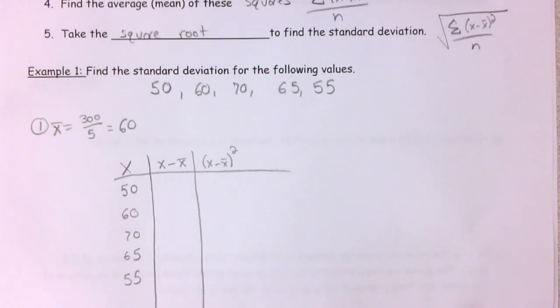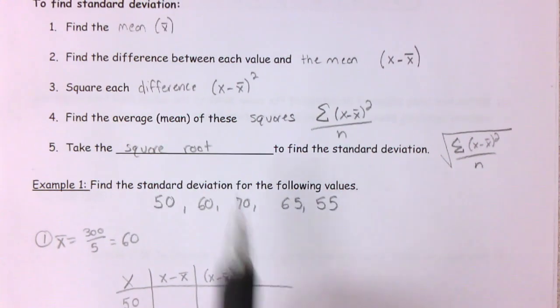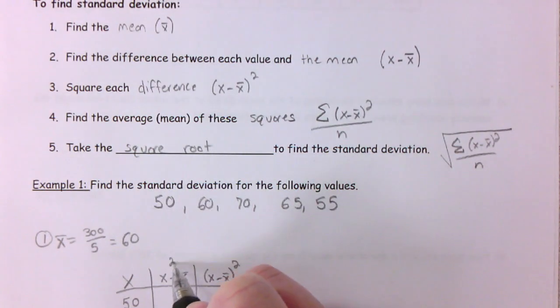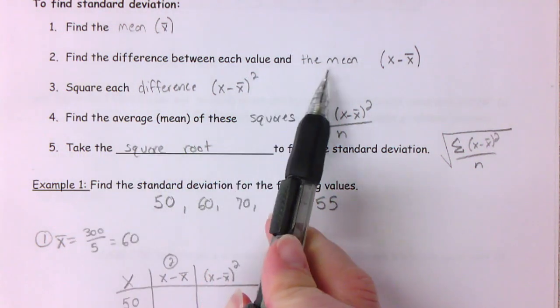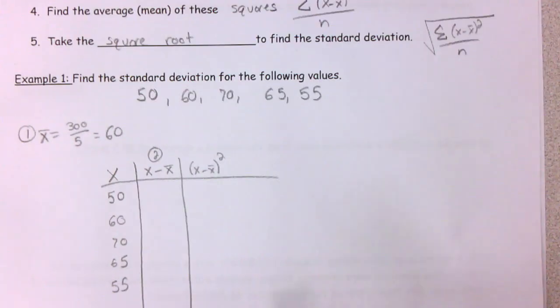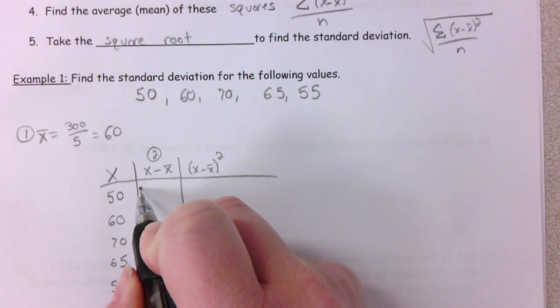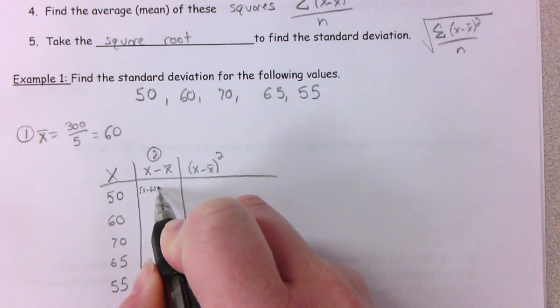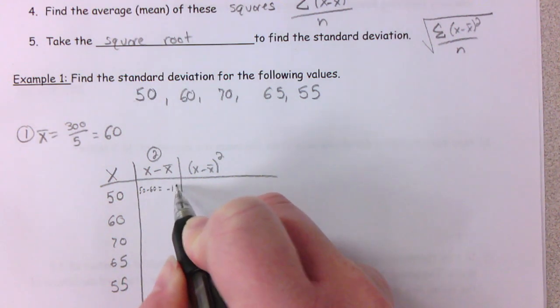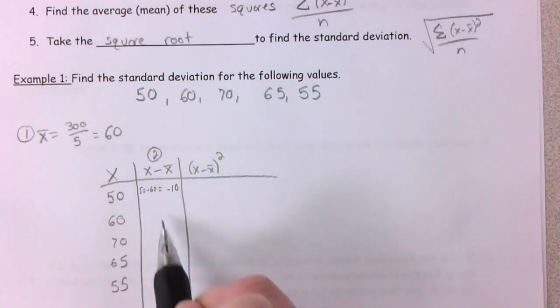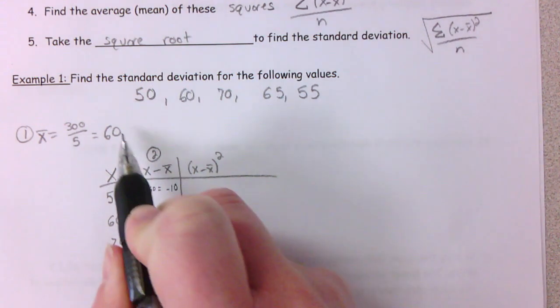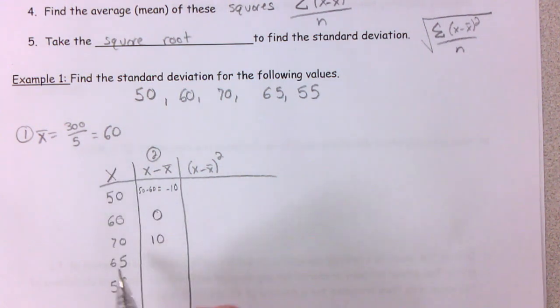Okay, so then the second part, step 2, is to find the difference between the value and the mean. So I'm going to take 50 minus 60, which gets me negative 10. 60 minus 60, which gets me 0, 70 minus 60, which gets me 10, 65 minus 60 is 5, and then 55 minus 60 is negative 5.